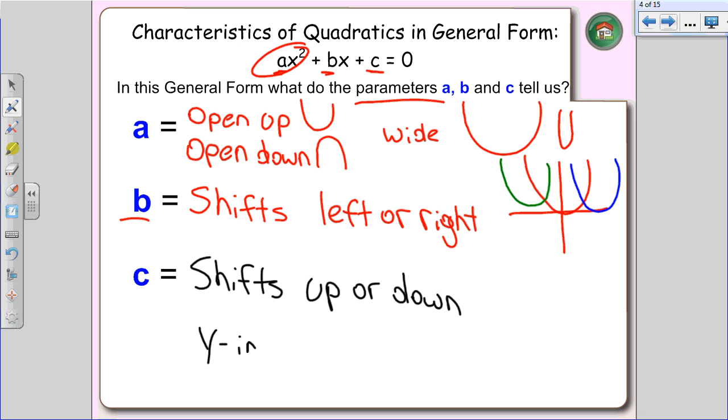We're going to go over that a little bit in a minute here. But the big thing is the C value moves it up or down. So with no C value, we end up right there at the origin as our minimum or our maximum. But it could shift up, or it could shift down, depending on what the C value is.